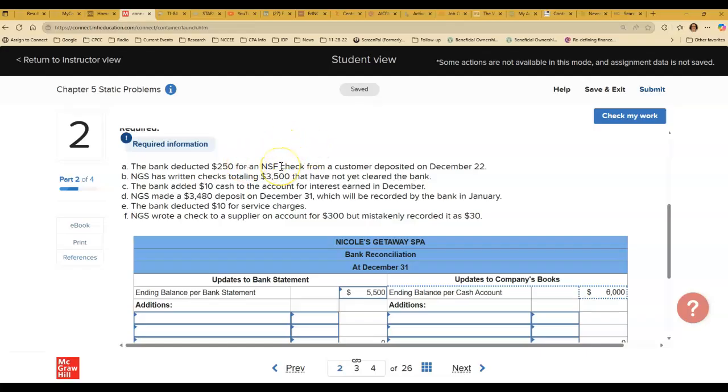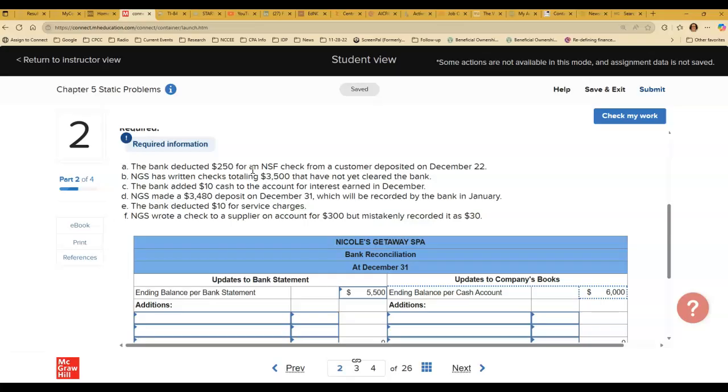Now, a couple of things to note here. One, what is an NSF check? Non-sufficient funds. So who wrote the check in this situation? Who wrote this $250 check?